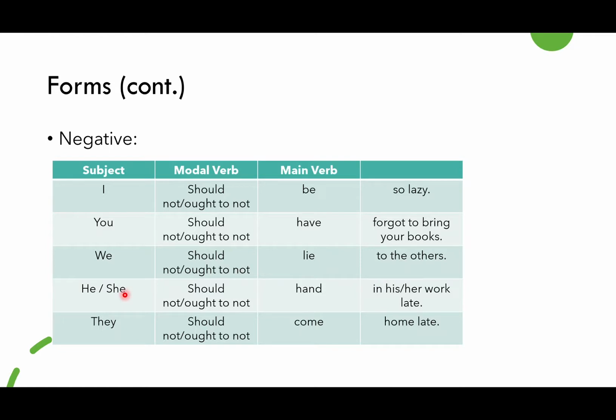He, she should not or ought not to hand his or her work in late. They should not or ought not to come home late. Now, if you have seen that, you know that we will change the main verb to the base verb after the modal verb.